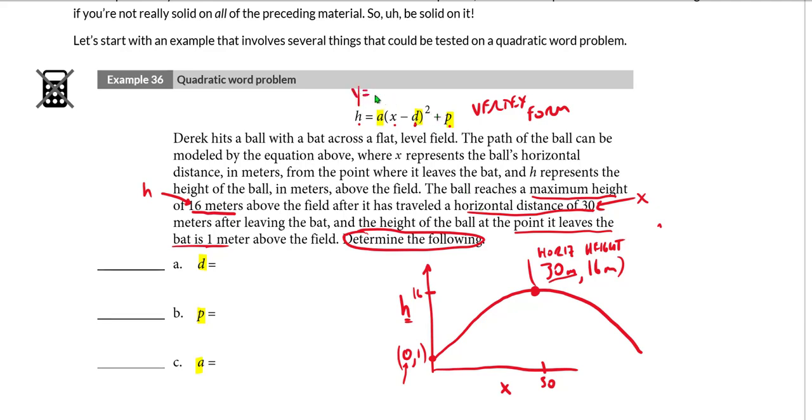If I write down y equals a(x minus h) squared plus k, whatever is in that h position, in this case the D position, is going to be the x coordinate at the vertex, and whatever is in the k or p position, p in this case, k in vertex form, that's going to be the y coordinate at the vertex. So I now know that my equation up there is h equals a(x minus 30) squared plus 16.